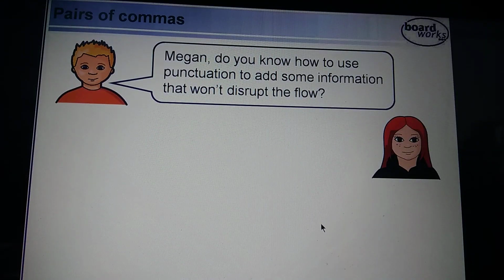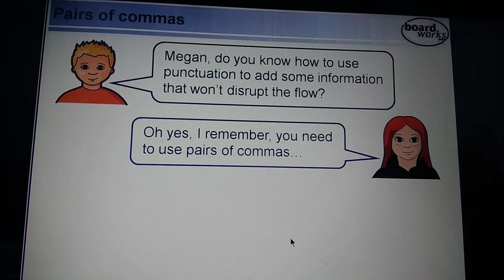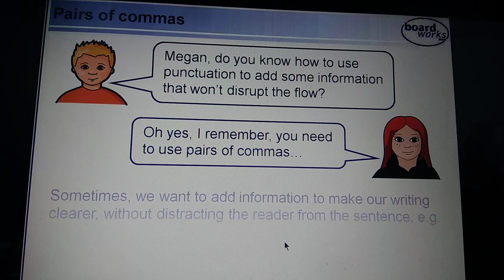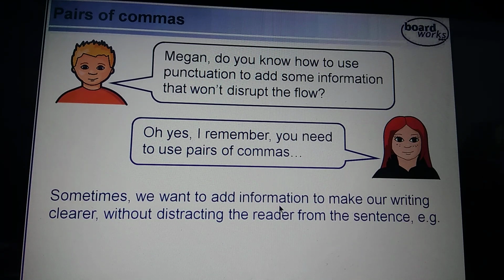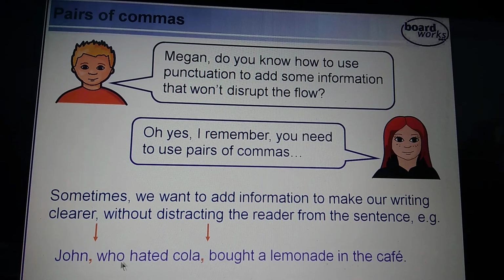So now we are at the most vital one, the comma. Sometimes we want to add information to make our writing clearer without distracting the reader from the sentence. For example, John, who hated cola, bought a lemonade in the cafe. So this comma and this comma separate the part who hated cola from the sentence.